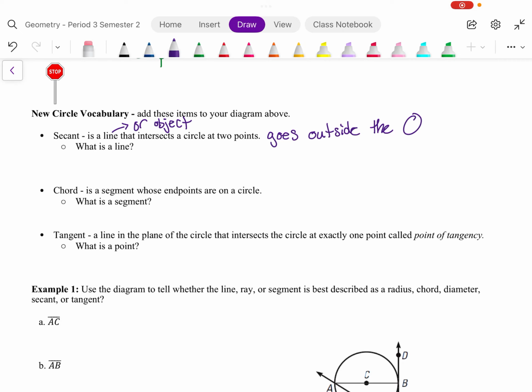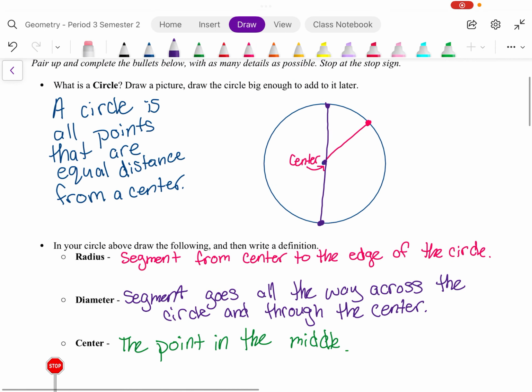And one thing to remember is a line continues in both directions forever. And if we were to draw an example on our circle up here, it can be anywhere on the circle as long as it intersects the circle at 2 points. There we go. So that would be an example of a secant.